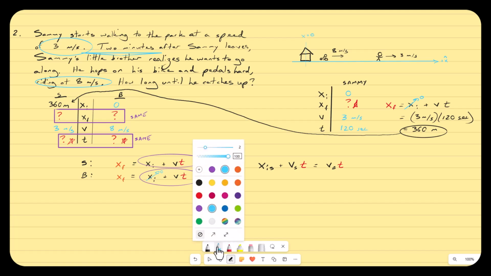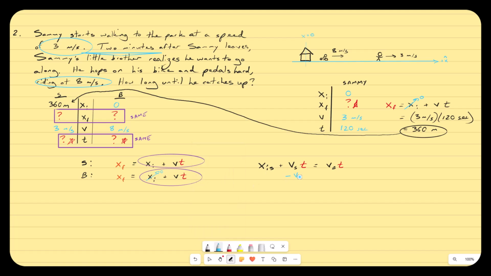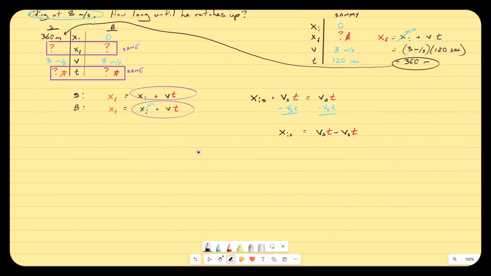I'm solving for time, so I'm going to grab all the time things and put them together on one side of my equation. The left side is just X initial for Sammy. The right side becomes v brother times time minus v Sammy times time. I warned you in the last one, and here we are again. There is time, and we are going to do a little bit of factoring.